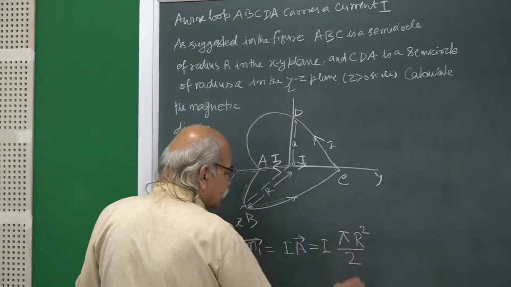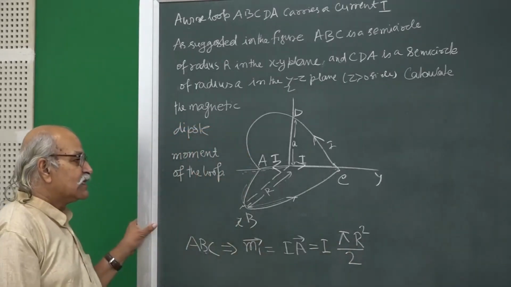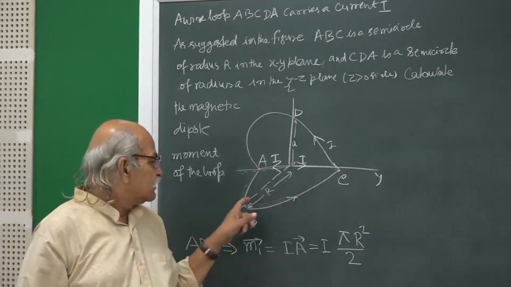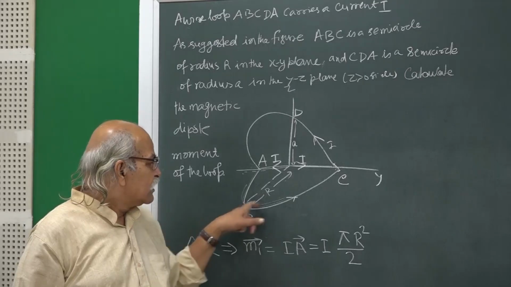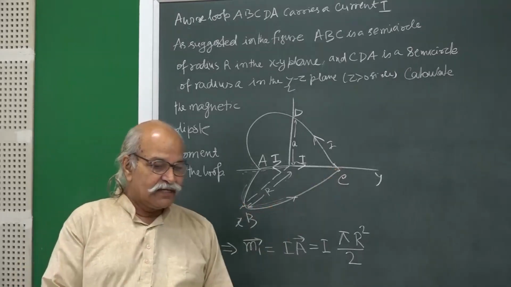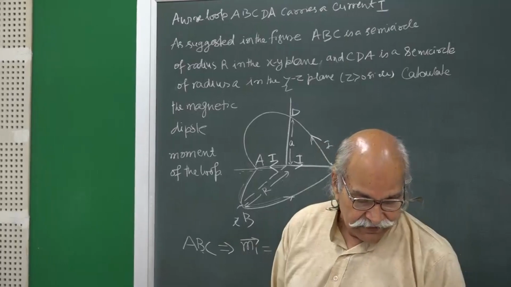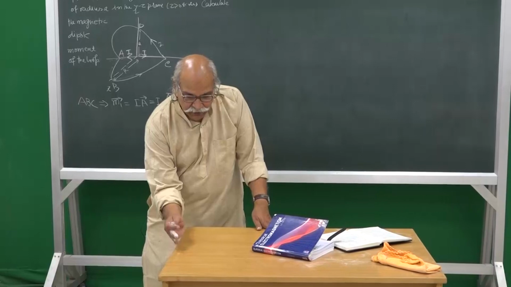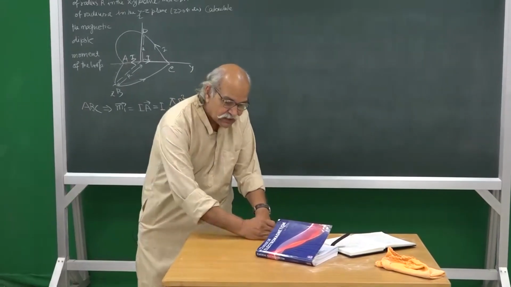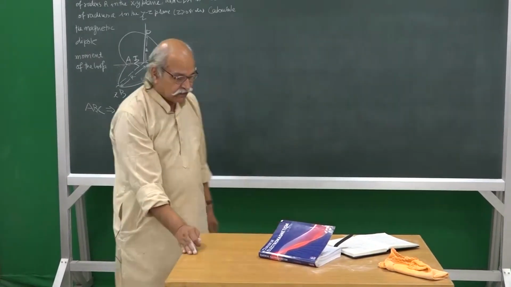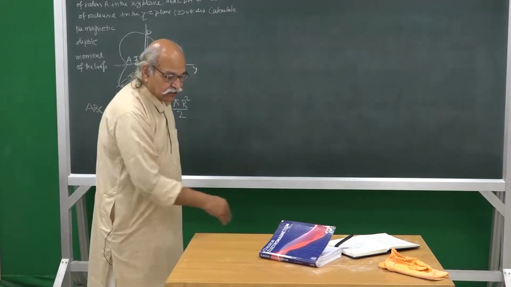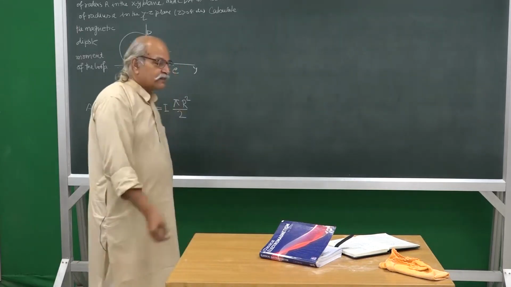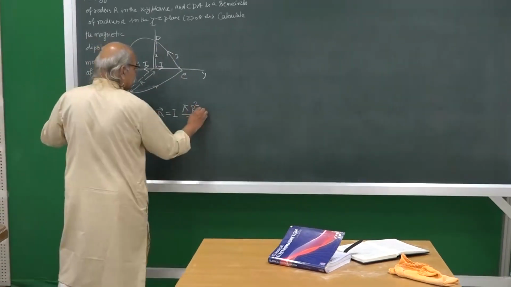And what is the direction? If this is the x axis and this is the y axis, I am going from a point on x to a point on y, so the direction is anti-clockwise and it will be up. So this is in the k cap direction.